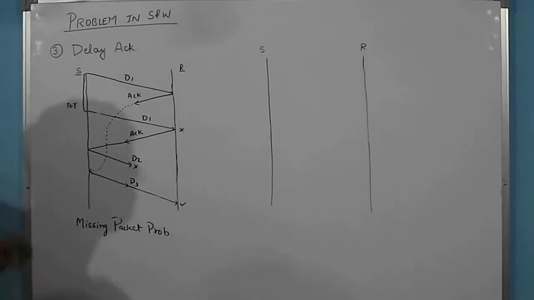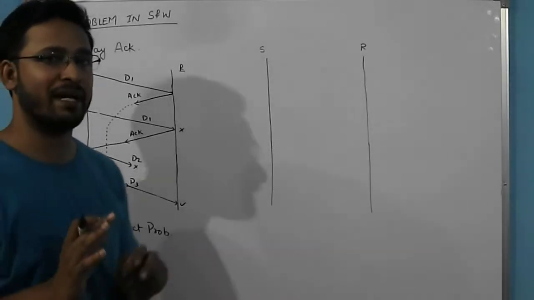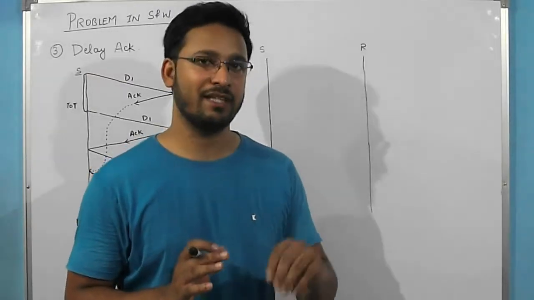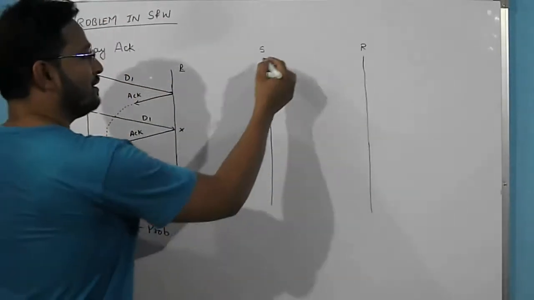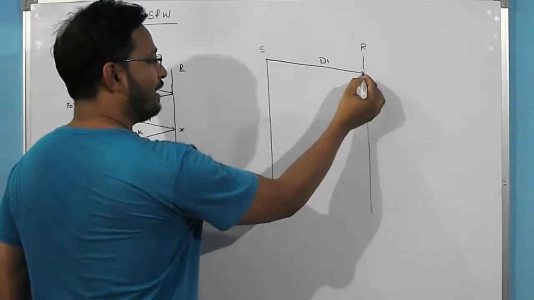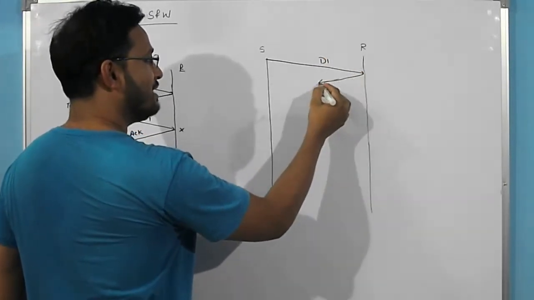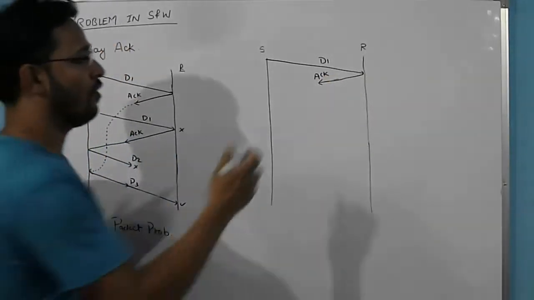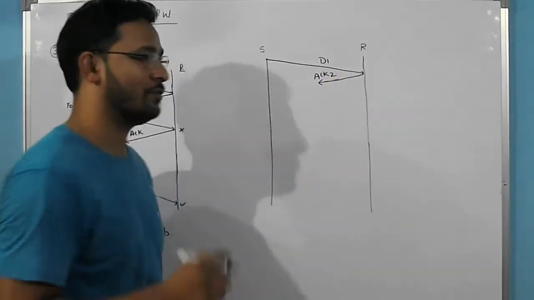So to overcome this problem, the mechanism is very simple. Introduce sequence number with acknowledgement. So let's see. Data packet 1, and receiver sends ACK with acknowledgement sequence number 2. Why 2?